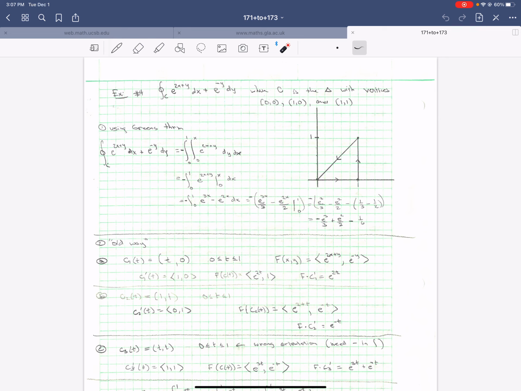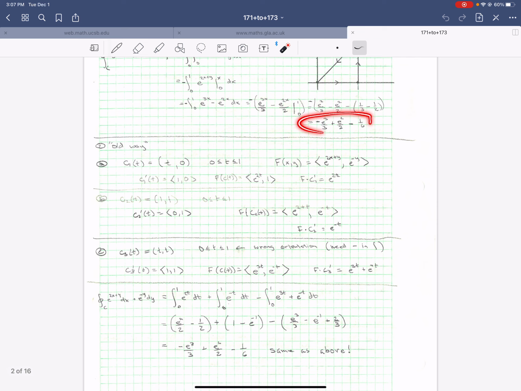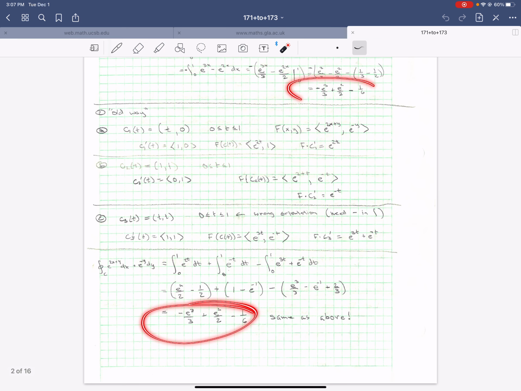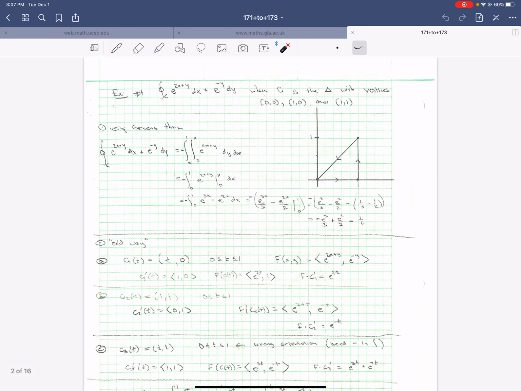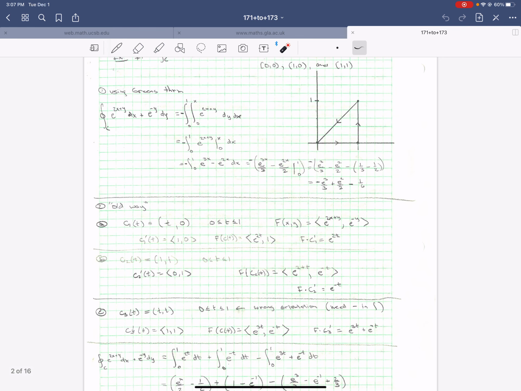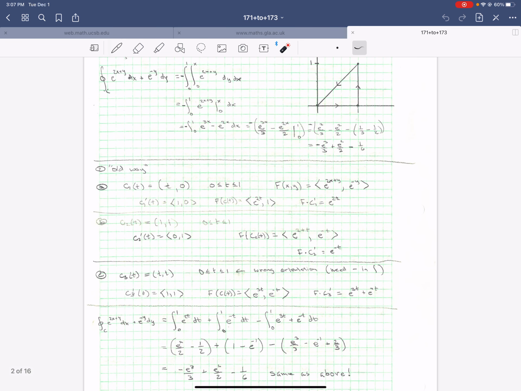And that double integral, guys, when you work it out, and I mean, just trust me on it, you can do it if you want, but that answer and this answer are identically the same. And I would argue that this is a much easier way of doing it than the old way, because in the old way I had to parameterize piece by piece, and from there I had to still find tangent vectors, still plug the parameterized curve into the vector field.